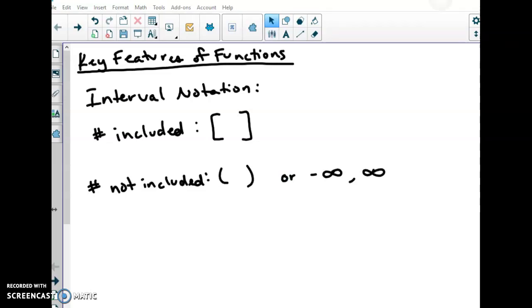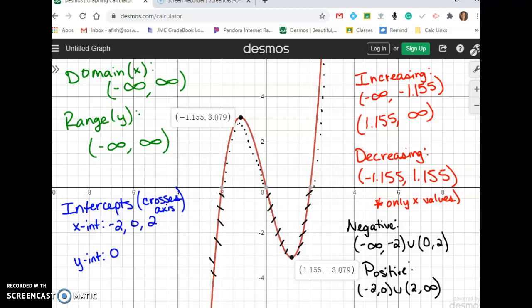Something else to note from this, these points here, these are our mins and maxes. This right here is a relative max, and it's a relative max because in that area, it's a maximum.